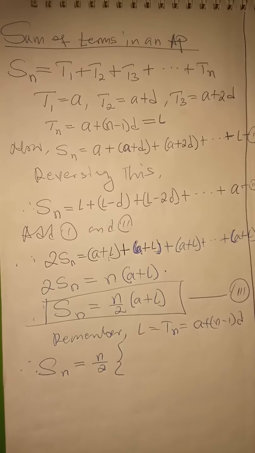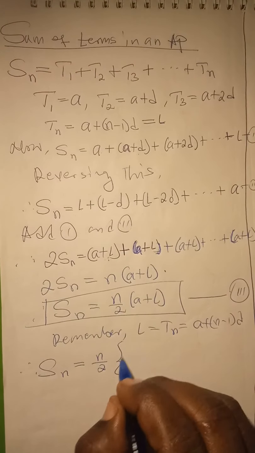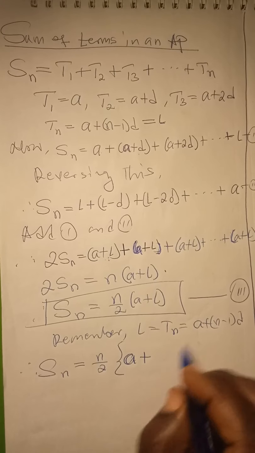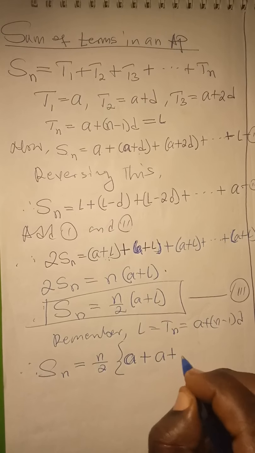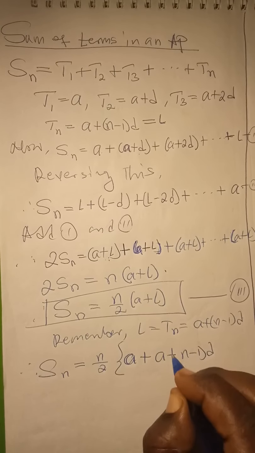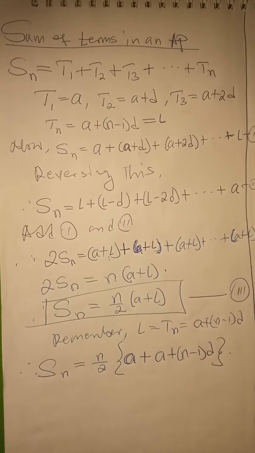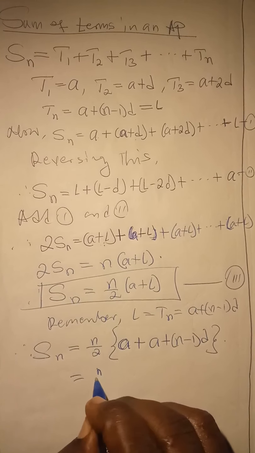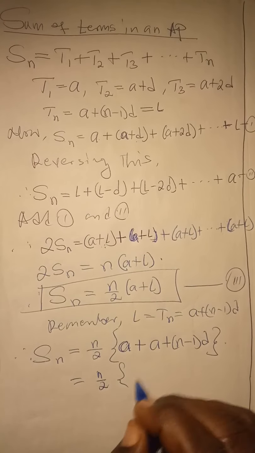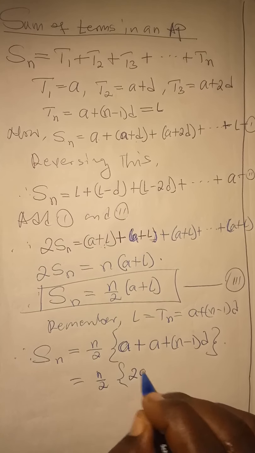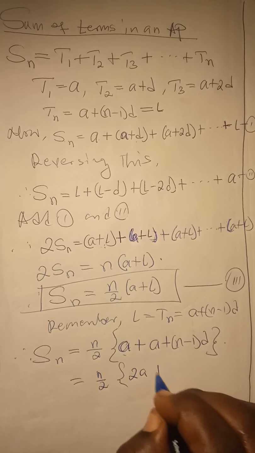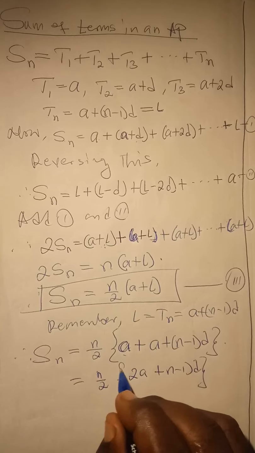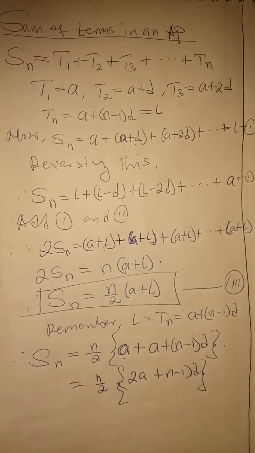So we're going to have A here plus L, which is just A plus (n minus 1)d. And so this simplifies further like this. This is 2a, because a plus a is 2a, then plus (n minus 1)d. Right? That is it.